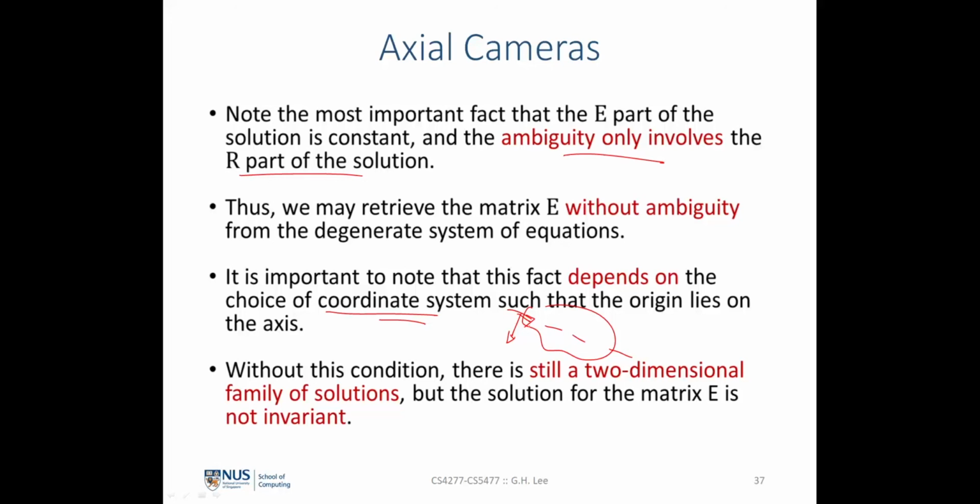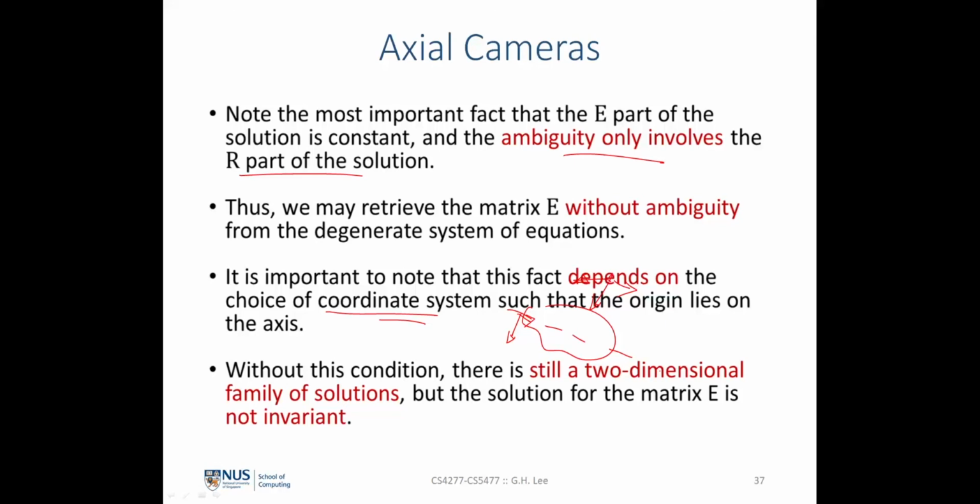It's important to also note that in general, if we were to choose an axis or a reference frame that is not on the axis of the cameras, then this ambiguity cannot be so well defined. This means that the ambiguity generally spills over to the essential matrix as well.